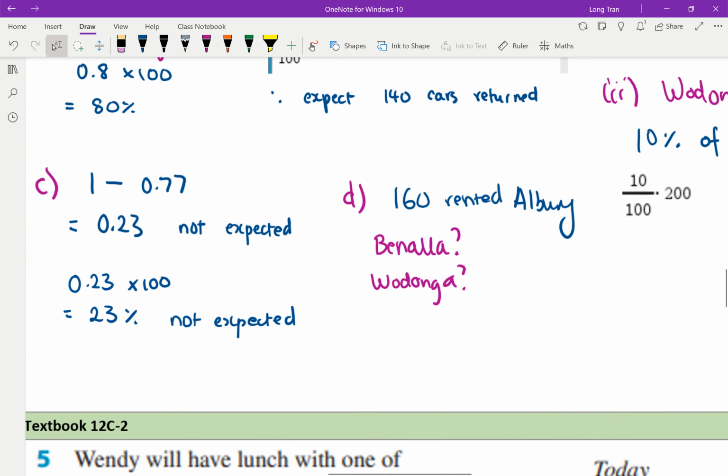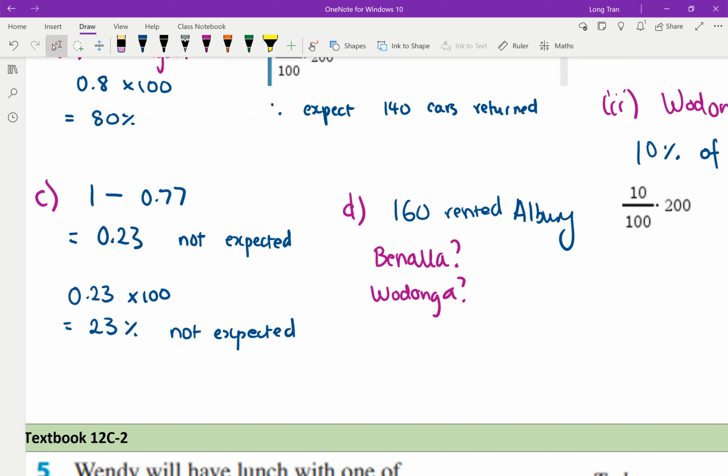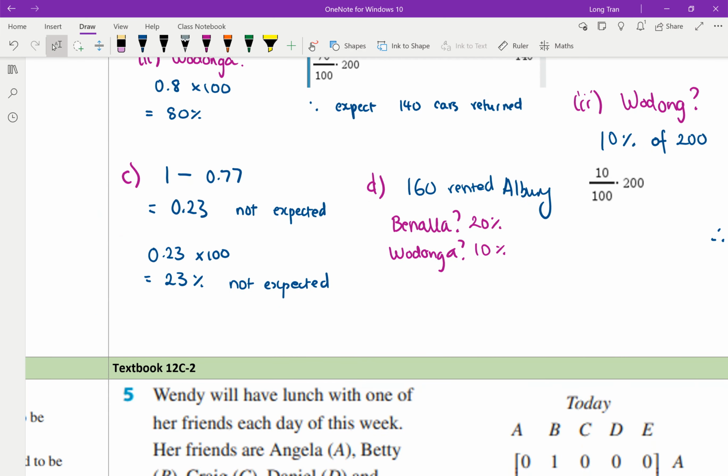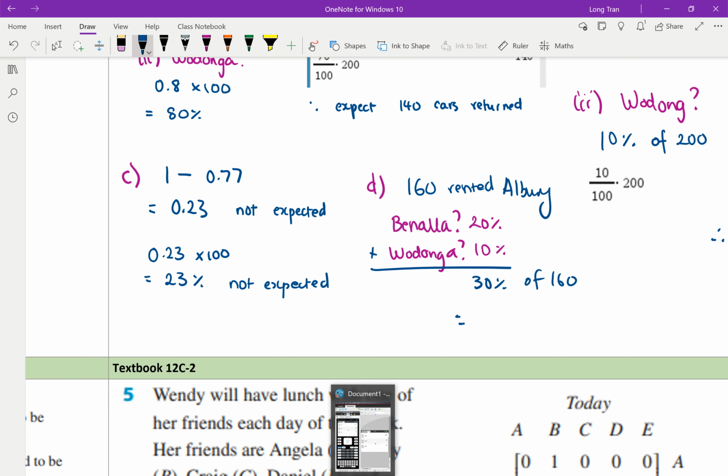So essentially, you don't have to work them out individually. You know there are 20% returned and then 10% returned. Well, together it would be 30% returned. So you might as well just find 30% of 160, which we can do on our CAS here. Or you can do it individually.